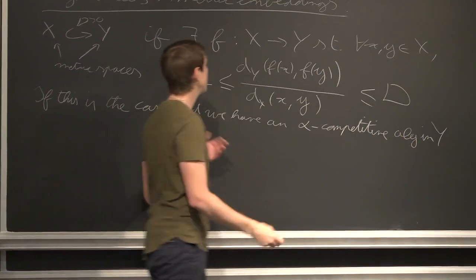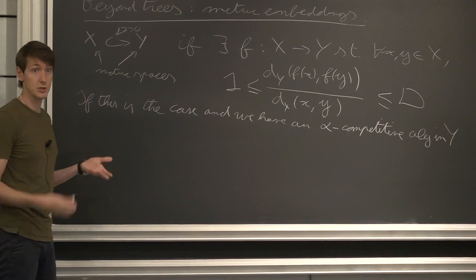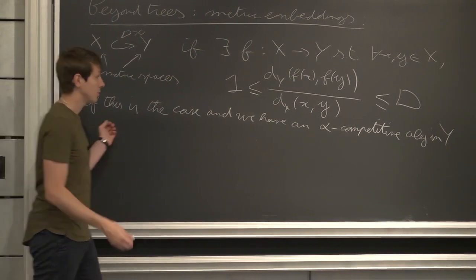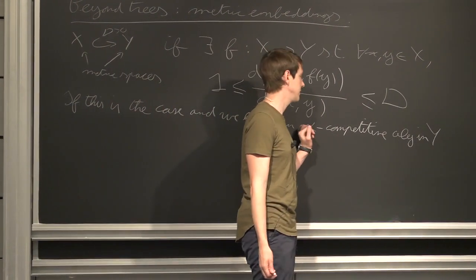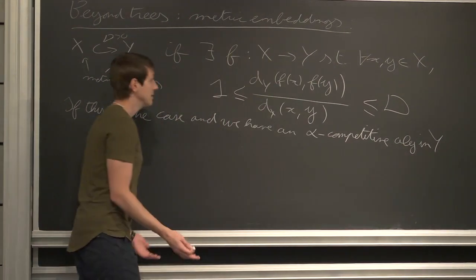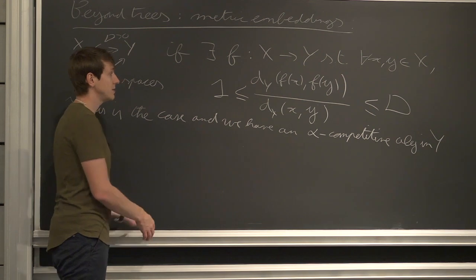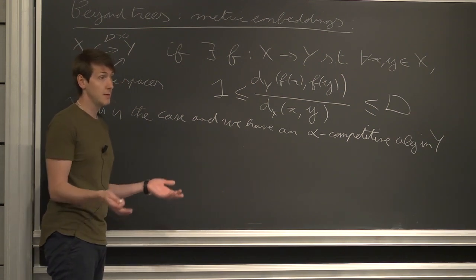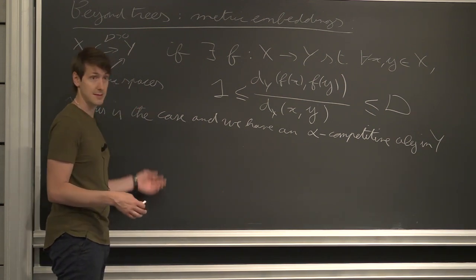Typically we're going to look at y which is a tree metric, so we already know, say, a depth times log n competitive algorithm for y in that case. Then I want to say that you can transfer this to get an alpha times d competitive algorithm for x.